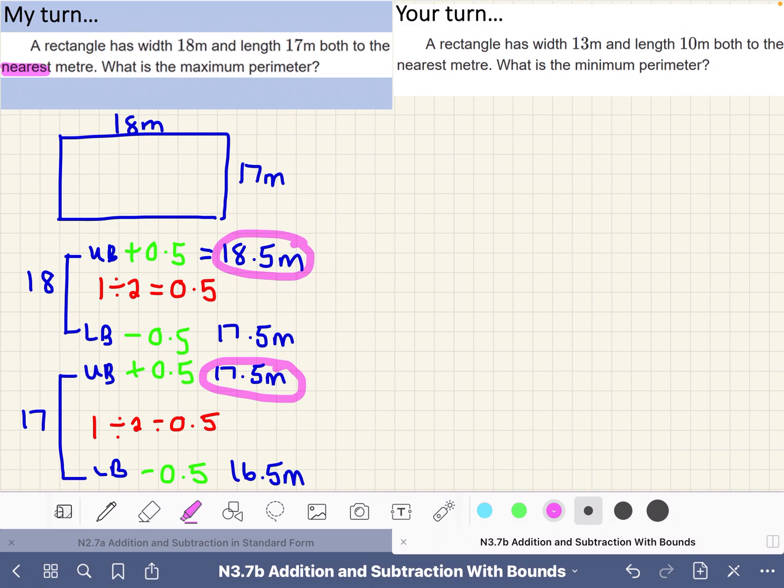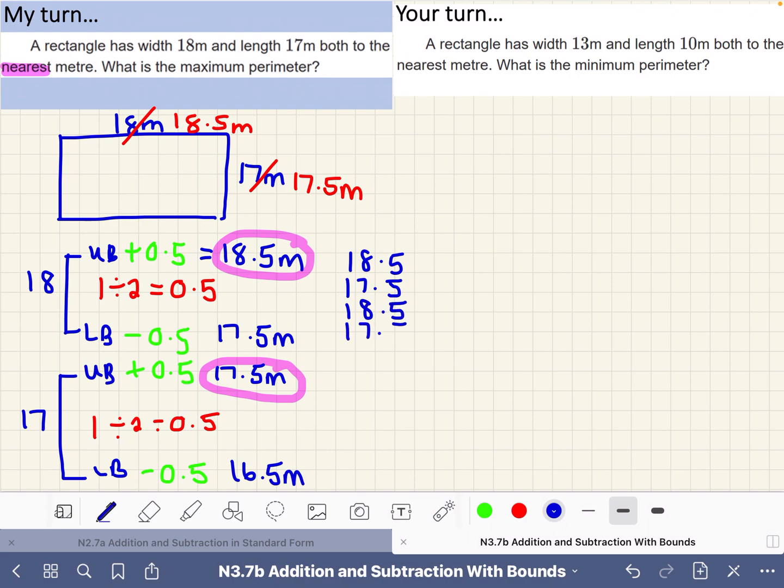So in this case, we are looking to replace these measurements with 18.5 metres and 17.5 metres. And we're taking the distance all the way around the shape, so we are adding them together to give us 18.5, add 17.5, add 18.5, add 17.5.